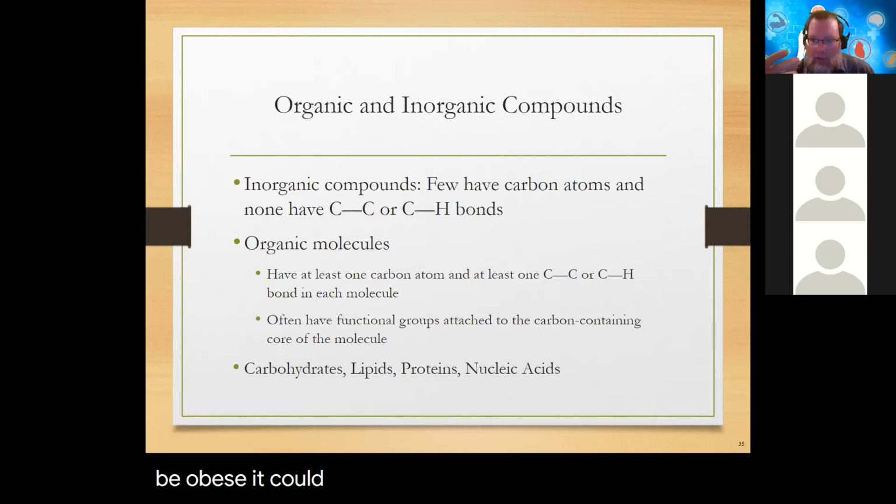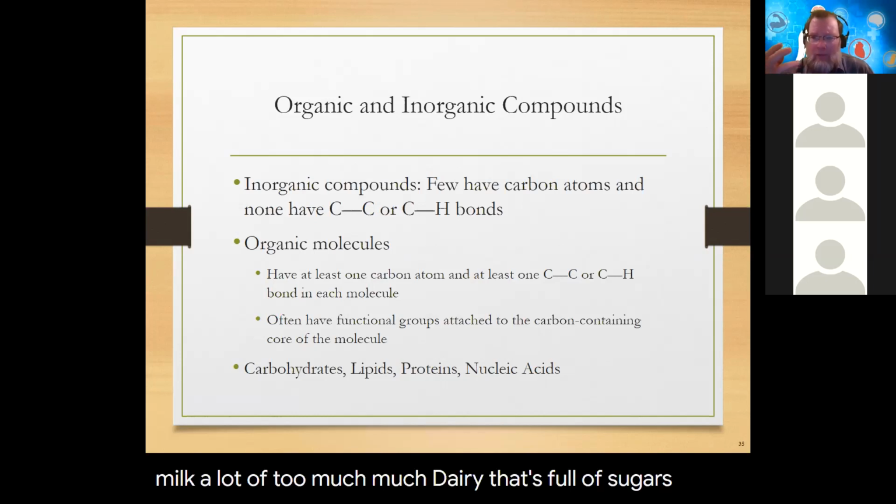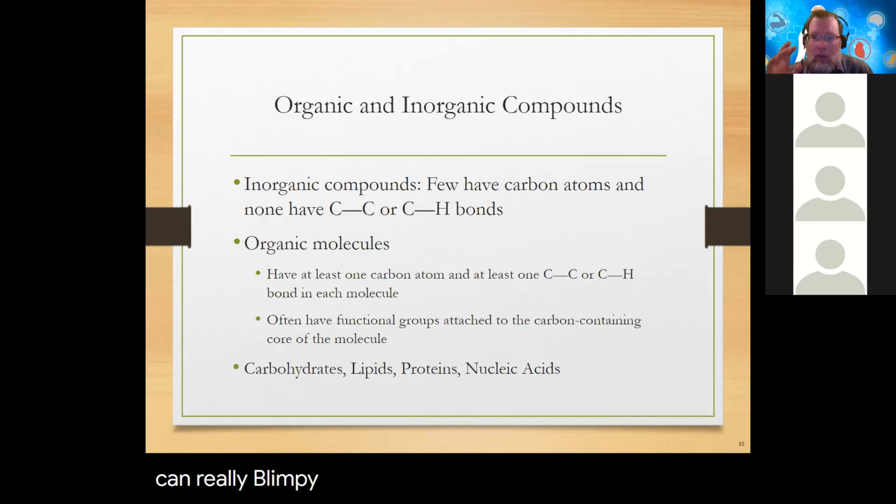It could potentially give them diabetes issues, metabolism issues. We're talking about soda pop, buckets of gummy bears and candy bars, and too much dairy, that's full of sugars that can really blimp you up.